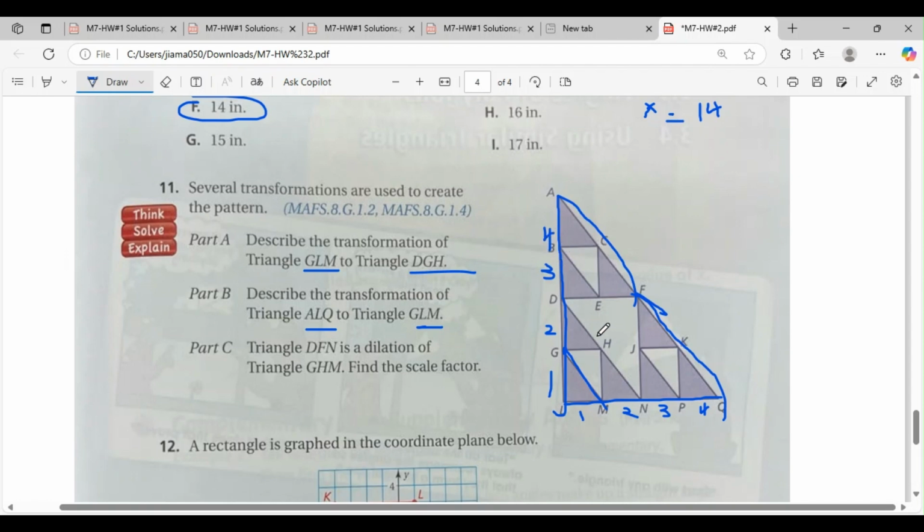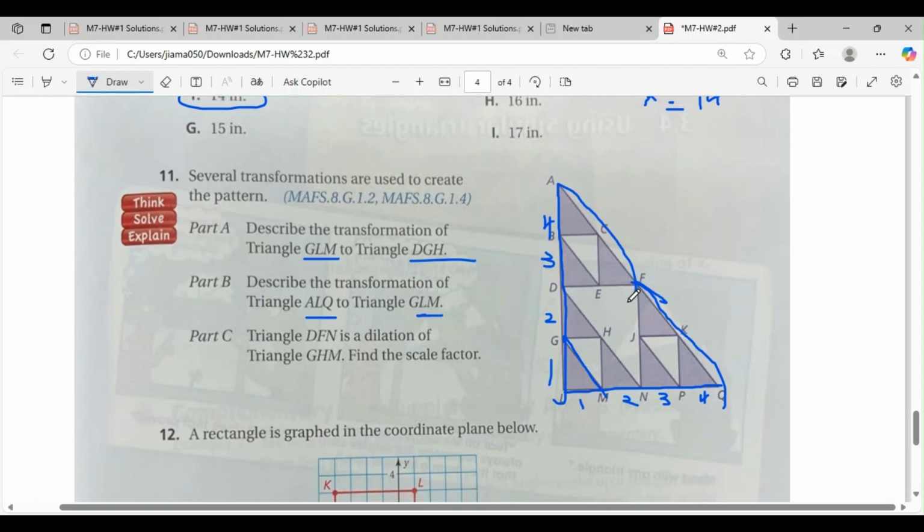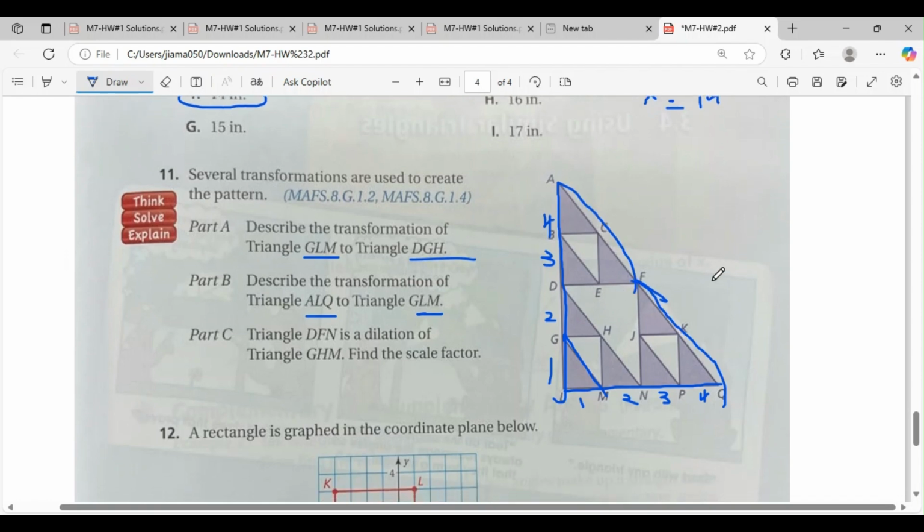Okay, so you know that this one is the dilation.